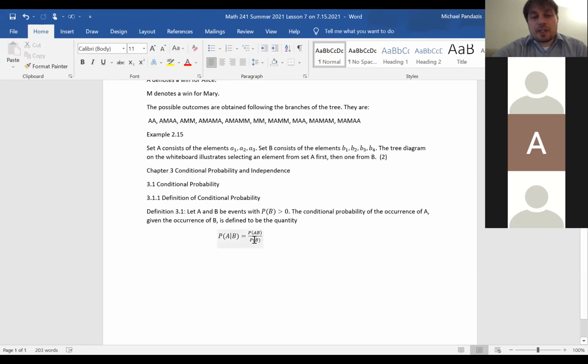You need that because the denominator cannot be 0 in a fraction. The conditional probability of A given B is defined to be this quantity.